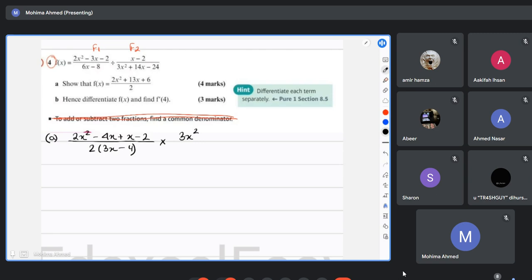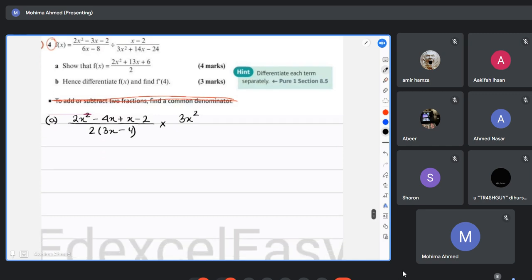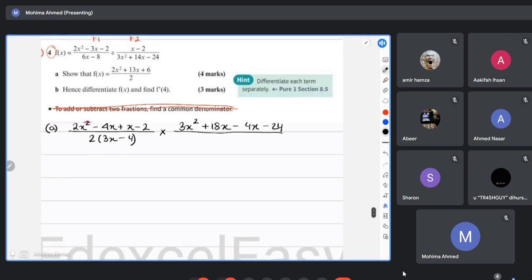That's 4 and 6, then 18 minus 4. 18 minus 4 also gives you 14, right? So we're going to get 3x squared, 18x, 4x, 24. It was a positive 14, so 18 would become positive. And in the numerator, previously you had x minus 2, which will now be shifted to the denominator. So it gets x minus 2 over here.